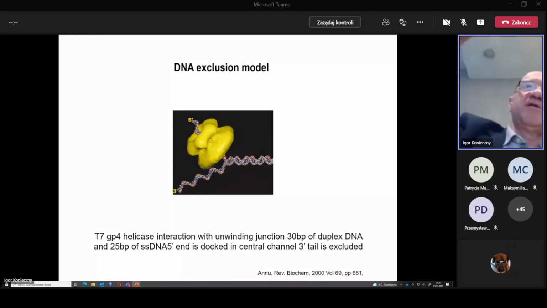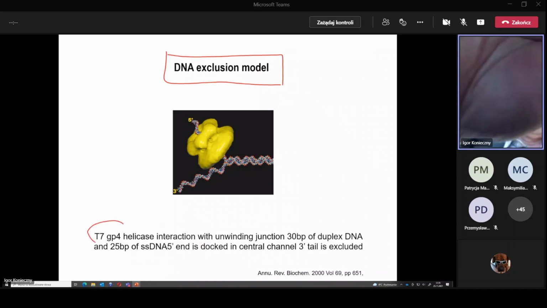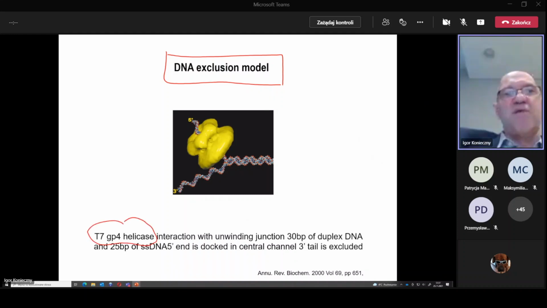The other model is the DNA exclusion model, which was proposed for T7 gene product 4 helicase. The interaction with an unwinding junction of 30 base pairs of duplex DNA and 25 base pairs of single-stranded DNA was presented, and the 5' end is docked in a central channel, while the 3' end is excluded.